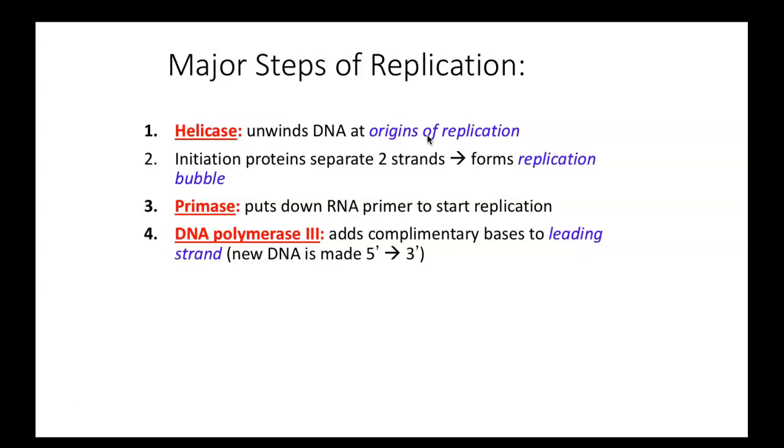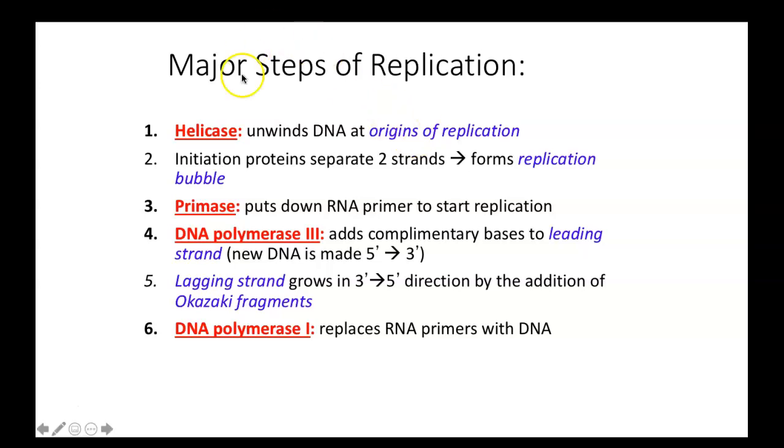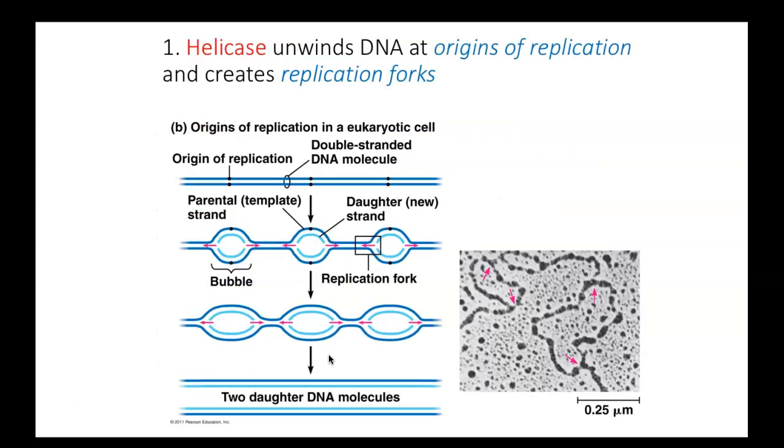It's basically forming that new DNA strand. You have a leading strand and a lagging strand, and I'm going to explain what leading and lagging strands and Okazaki fragments are. Then DNA polymerase 1 is an enzyme that comes in and replaces that primer from step 3. And then DNA ligase is an enzyme that seals the fragments together. All right, so that's kind of complicated, right?